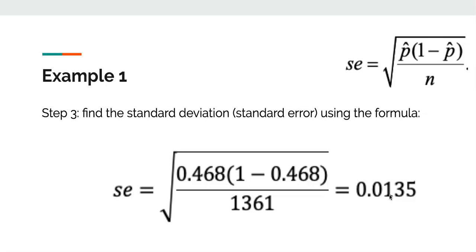If you do that, you will get the standard error of 0.0135. And if you're wondering about how I'm rounding, I'm just rounding however I want. I have 4 decimal places just to be accurate. Usually you really don't want to round too much in the middle of a problem, and we're only at step 3, so don't round too much, okay?